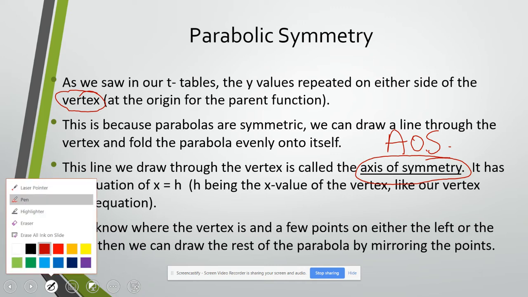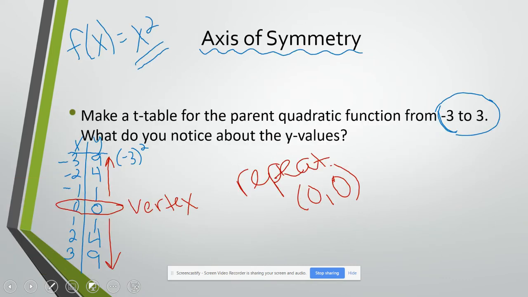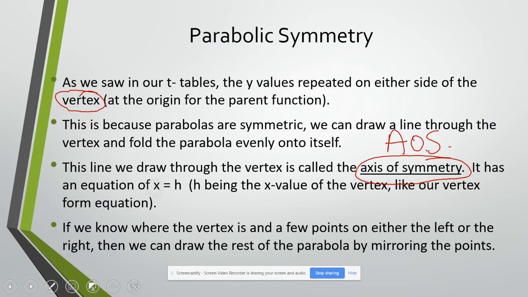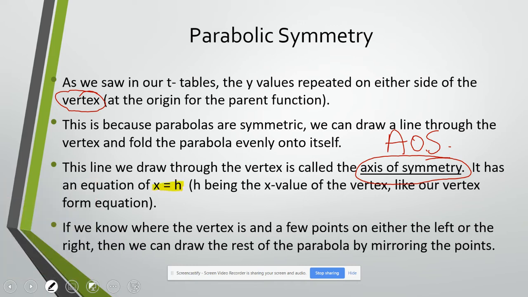It has the equation of x is equal to h. And it also has to be exactly the same as the x value of the vertex.